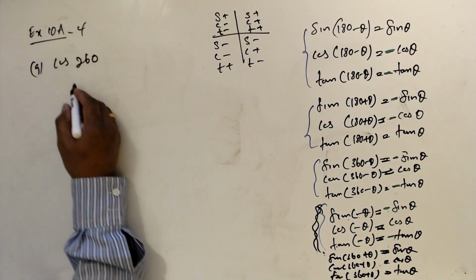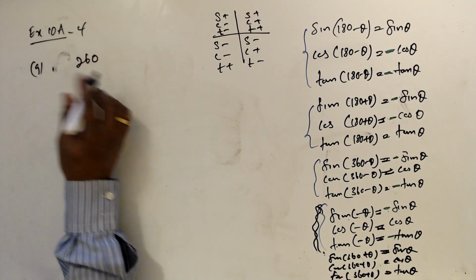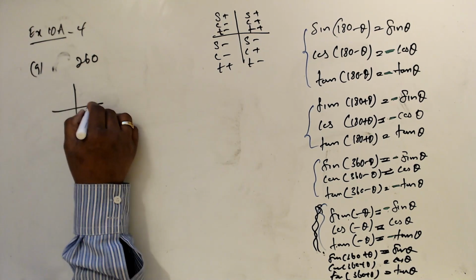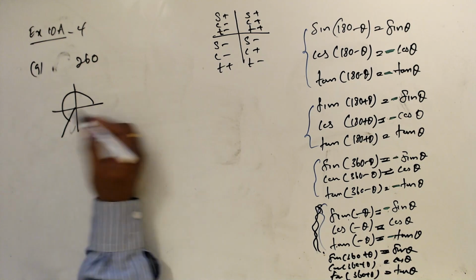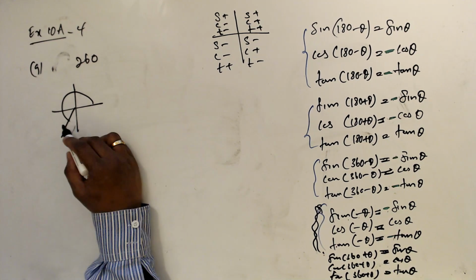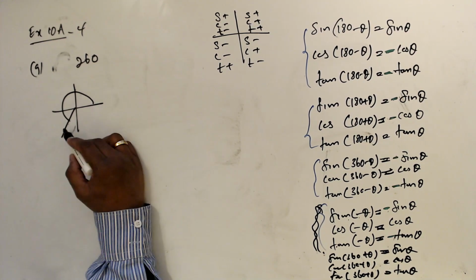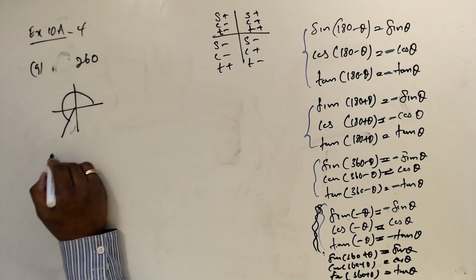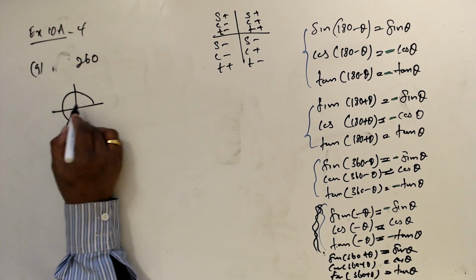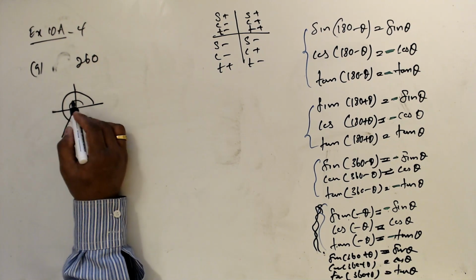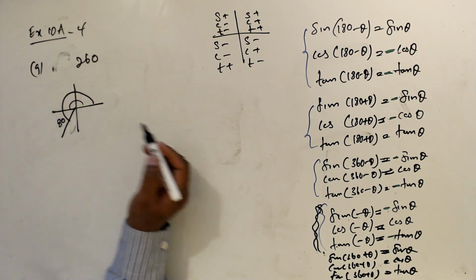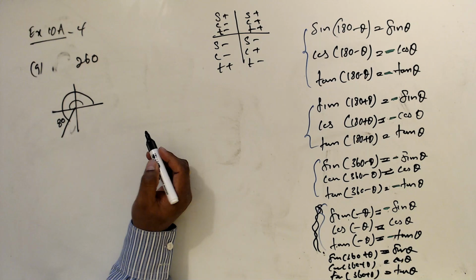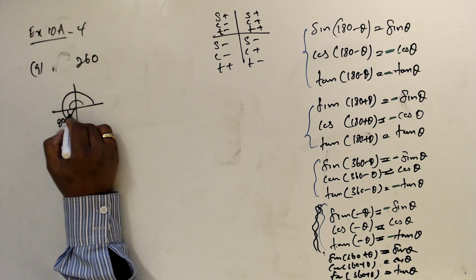G is cos 260. So let's find 260. We have 270 up to here, so 260 is somewhere here. So it is in the third quadrant. Up to here is 180, so this small angle is 80.